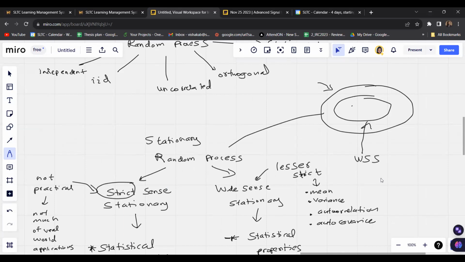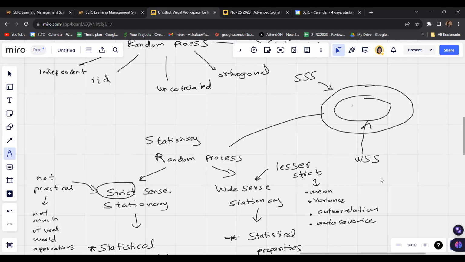So wide stationary will be a subset of the strict stationary processes. However, strict stationary processes are always wide stationary.